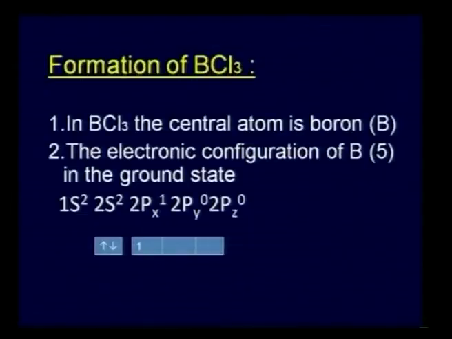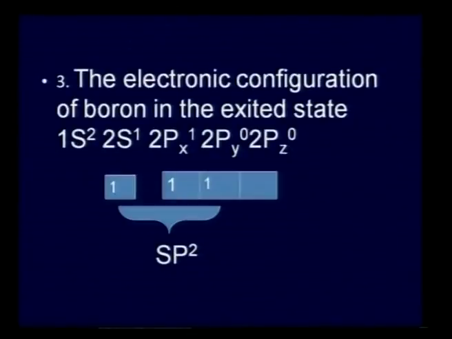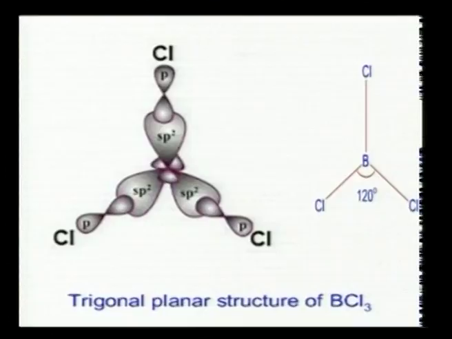The electronic configuration of boron in the ground state is 1s2, 2s2, 2px1. The electronic configuration of boron in the excited state is 1s2, 2s1, 2px1 and 2py1. Here one electron is promoted from 2s to the 2py orbital. Observe carefully.